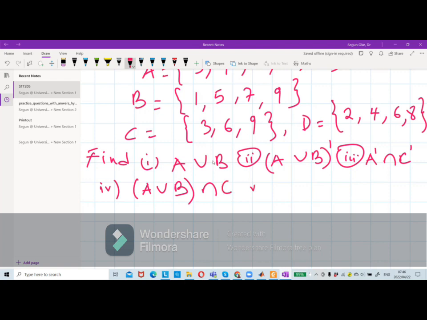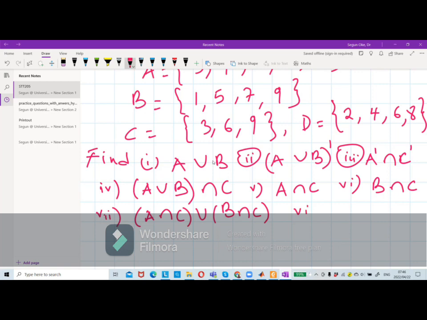Roman figure 5, A intersection C. Roman figure 6, B intersection C. Roman figure 7, (A intersection C) union (B intersection C).